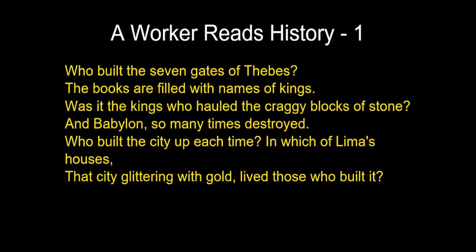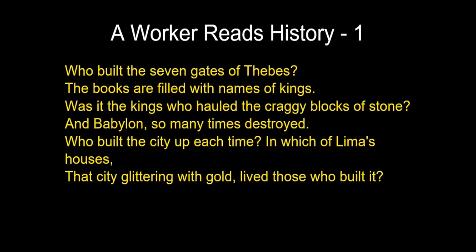But no one asked that question. In fact, history books still record that the Dutch built this fort in such and such. Well, when you look at the perspective of these massive structures from the point of view of the workers, the poem by Bertolt Brecht is really very telling. Who built the seven gates of Thebes?